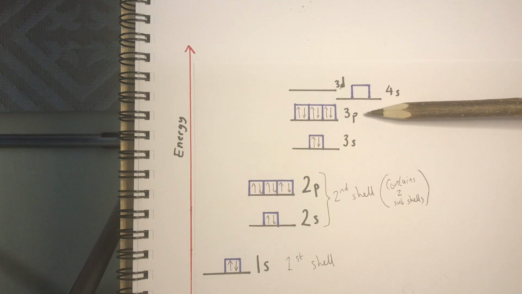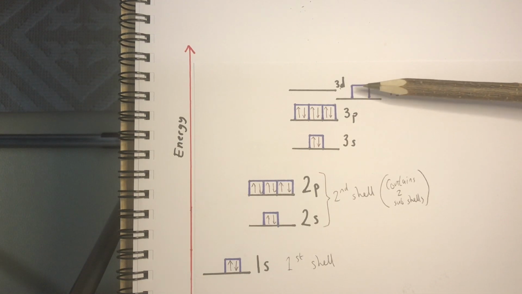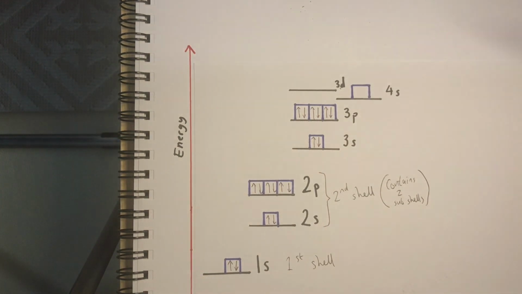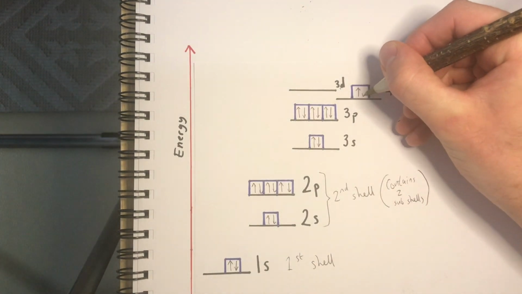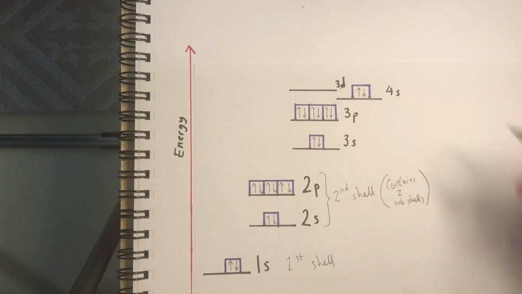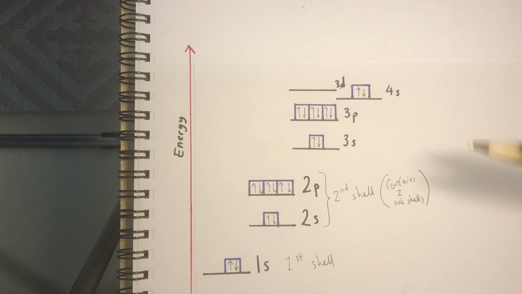Here's one such example. 4s, this subshell, is actually slightly lower in energy than a 3d. Okay, so we've got no choice. We've got to fill up the 4s next. That's where we would go. Okay, then once that is complete, then we can go into a 3d.